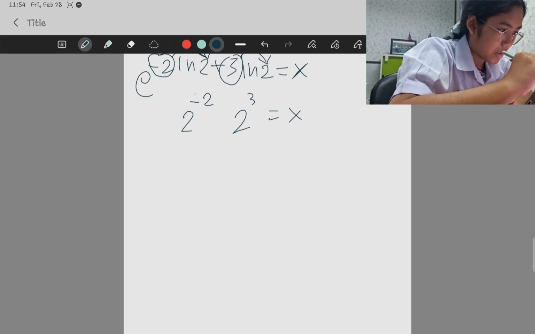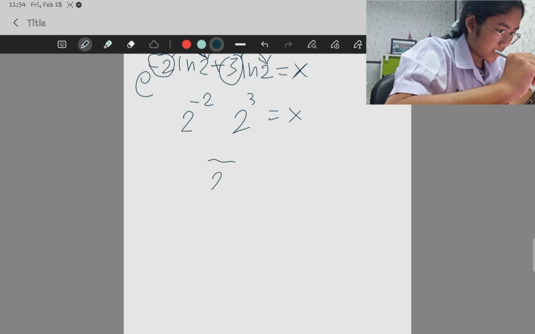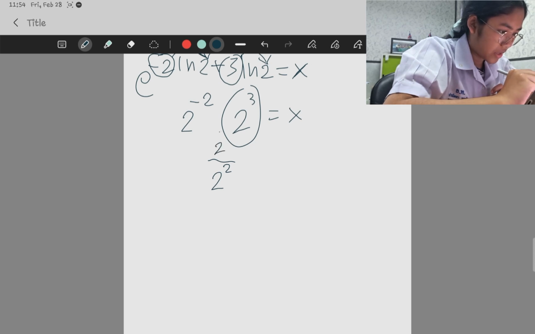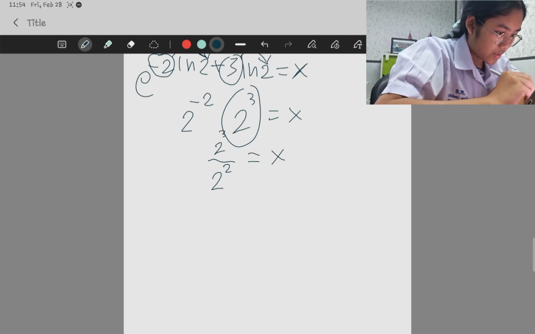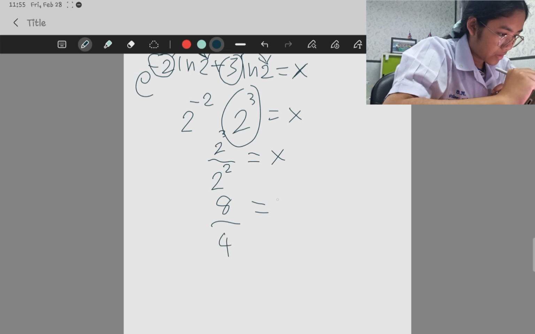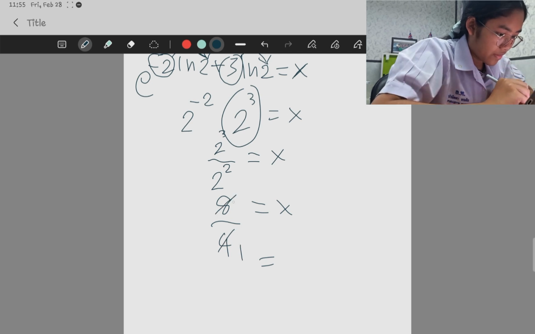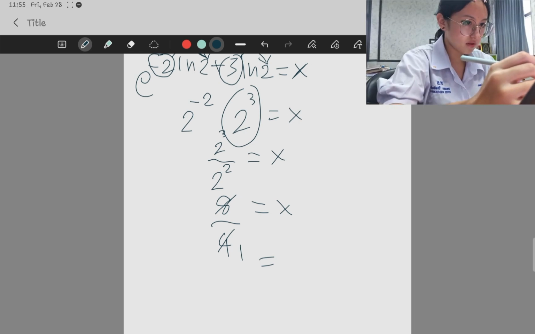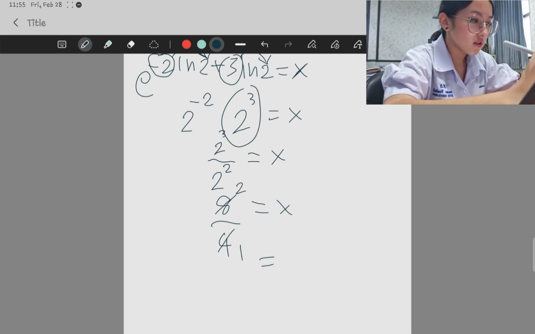This one, the power is negative, so we move it down like this, and then to the power of 3 with the same x, and 2 to the power of 3 is 8, and 2 to the power of 2 is 4, and then cut 4, 1, and 4, and 4 times 2 is 8, right? So we cut it, it becomes 2, and the answer is 2.